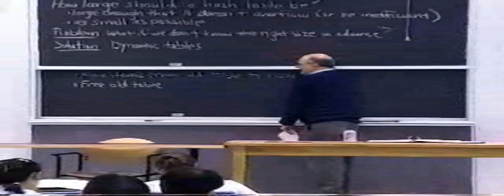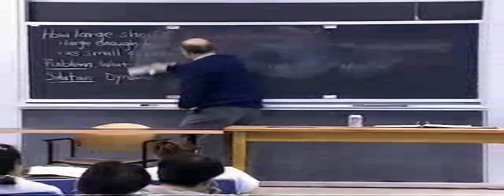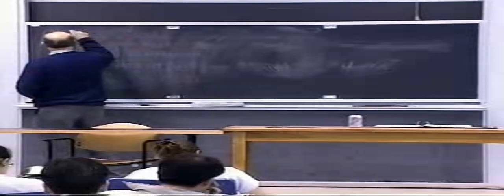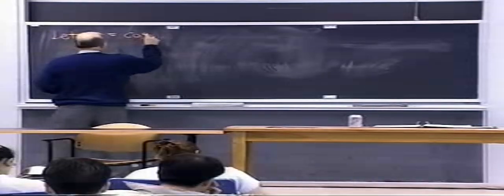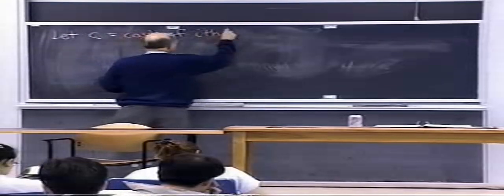We'll start out with the most straightforward type of analysis to get this bound of order n for n operations. So let C sub i be the cost, that is the time, of the ith insert.